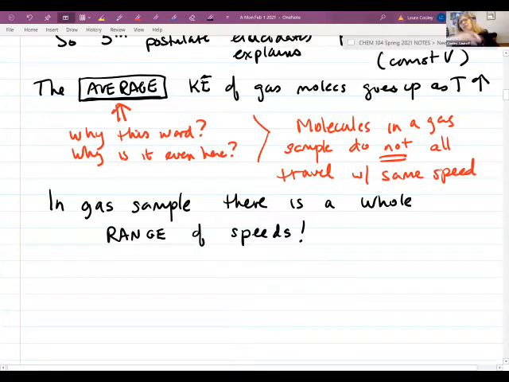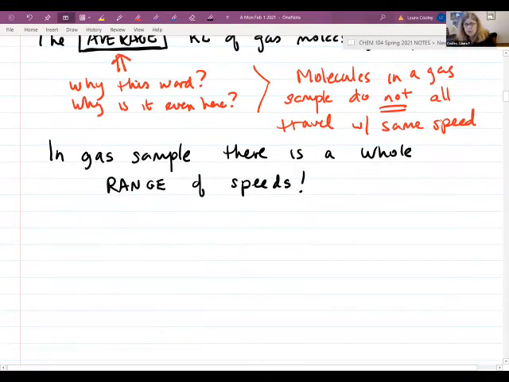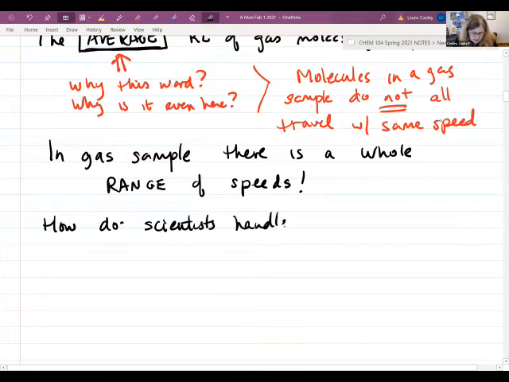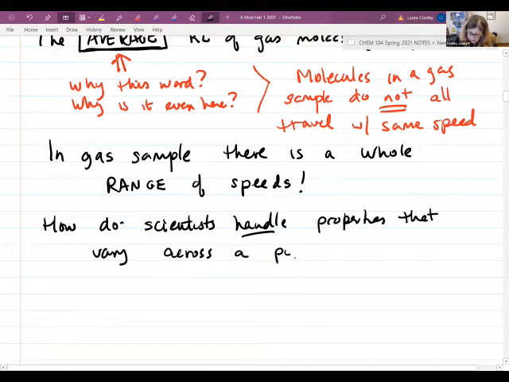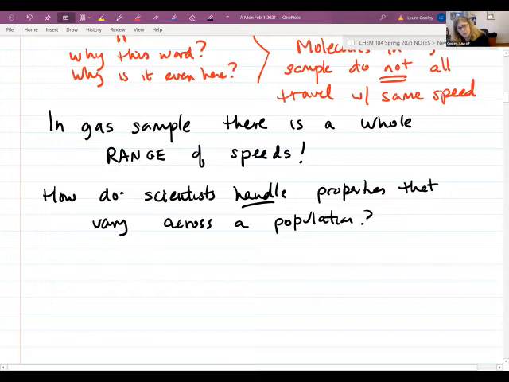It's a property that varies between the members of a population. So I guess I would say, how do scientists handle properties that vary across a population? And what they use to understand such things, they use something we call a distribution function.